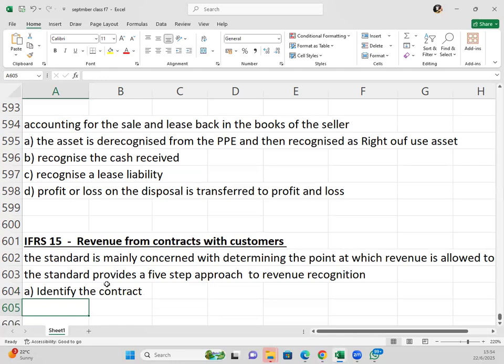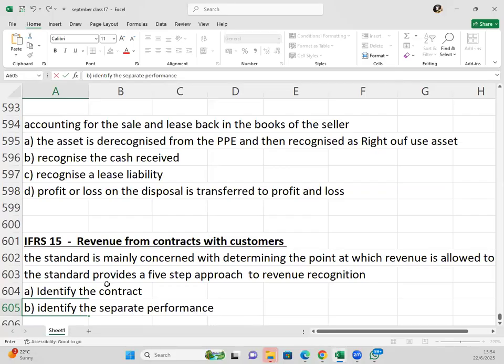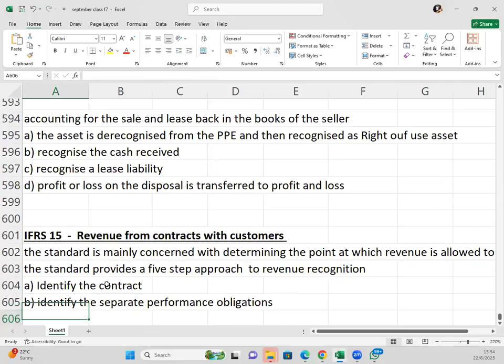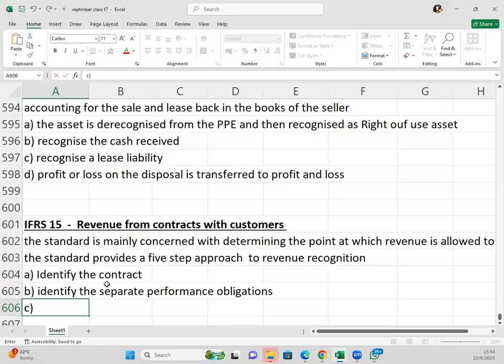You also need to identify the separate performance obligations.